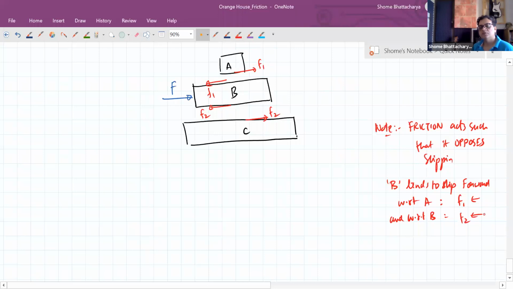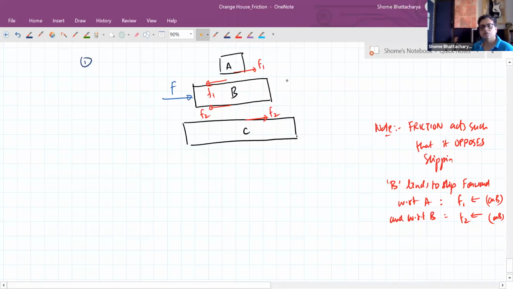F2 is backwards on it, like this. Okay. And if it's backwards on B, then it will be forwards on A because this is an action reaction pair. So this is the thing you have to understand.